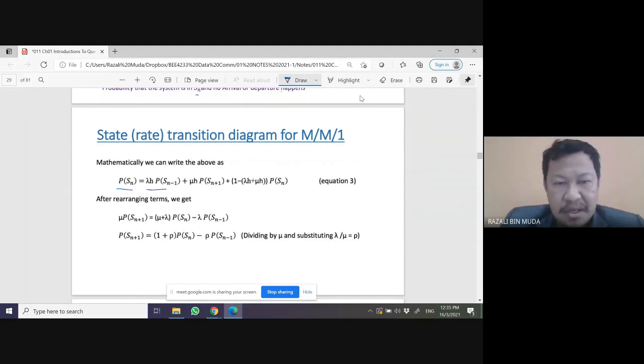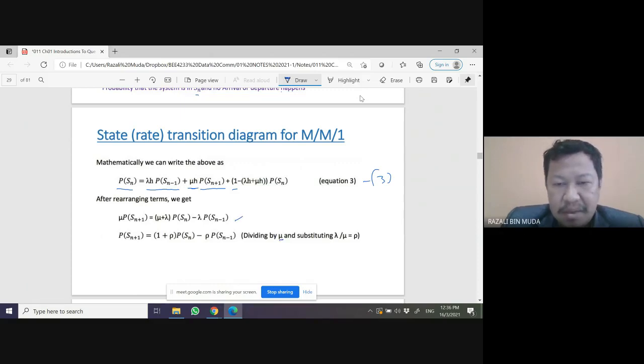So mathematically, we can write the above equation as: P(Sn) = lambda h P(Sn-1) + mu h P(Sn+1) + (1 - lambda h - mu h) P(Sn). So this is equation 3. After rearranging terms, we get mu P(Sn+1) = (mu + lambda) P(Sn) - lambda P(Sn-1).